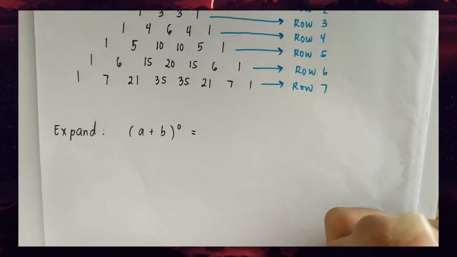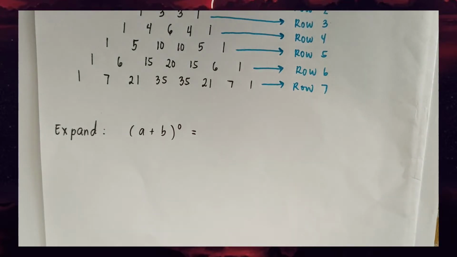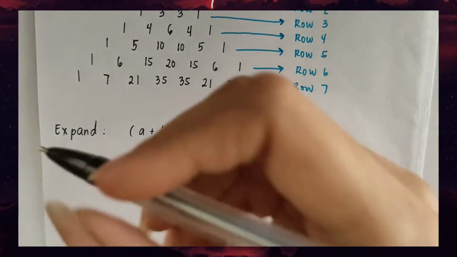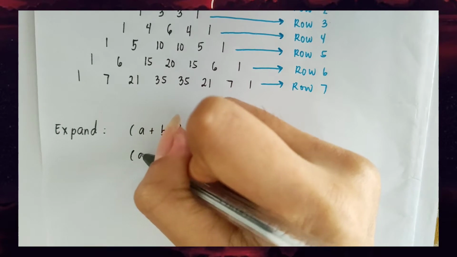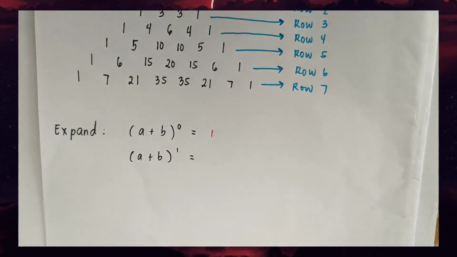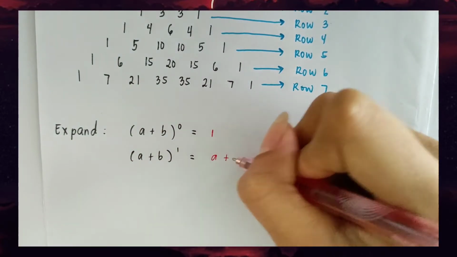We all know that any value raised to 0 is 1. So let us write our answer here, 1. How about if we expand a plus b raised to 1? Of course, we know the answer will be a plus b.